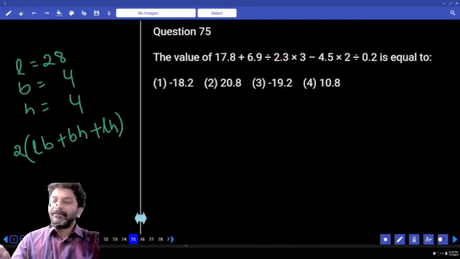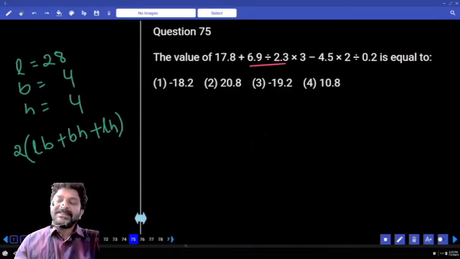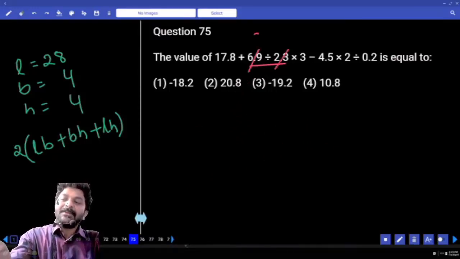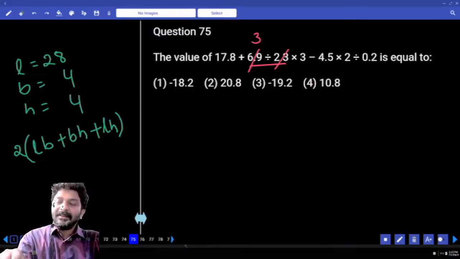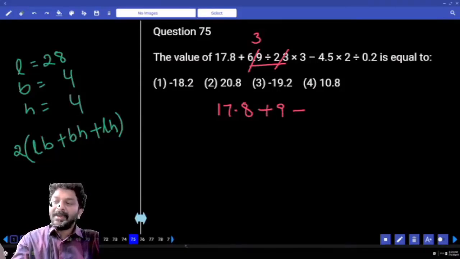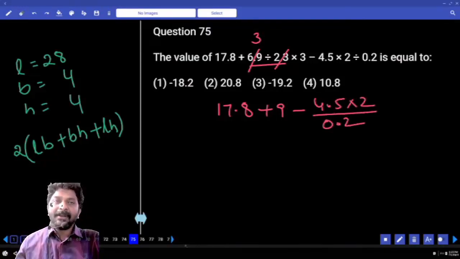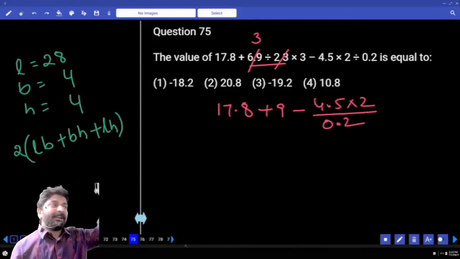Can we write this as 69 by 23? 23 exactly how many times? 3 into 3. Already 17.8 plus 9 minus 4.5 into 2, divided by 0.2. The numerator is 4.2, the denominator is 0.2.